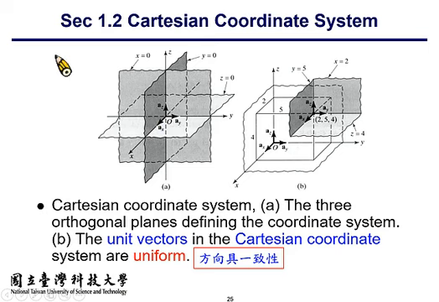And note that there are three planes drawn in this figure. What are they? They are planes, two-dimensional planes, spanned by two of the reference directions.